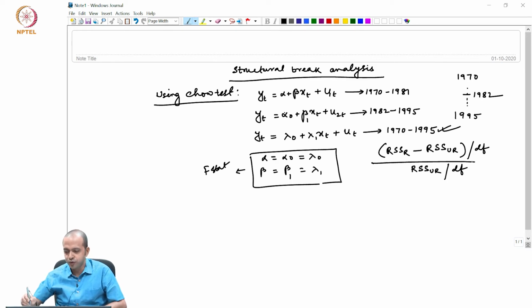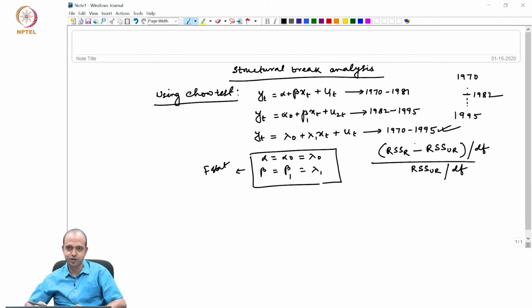If you recall, what is the degrees of freedom for RSS R minus RSS UR? RSS R has degrees of freedom N minus k, for the entire period.